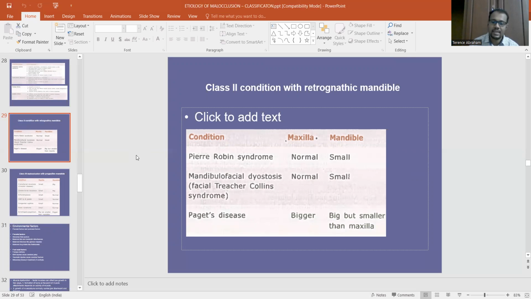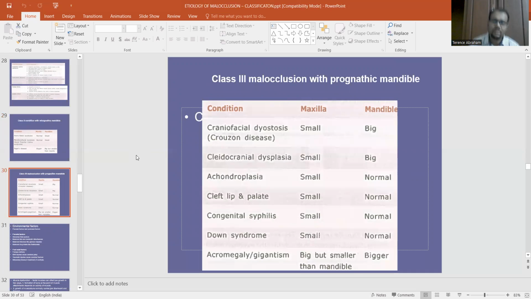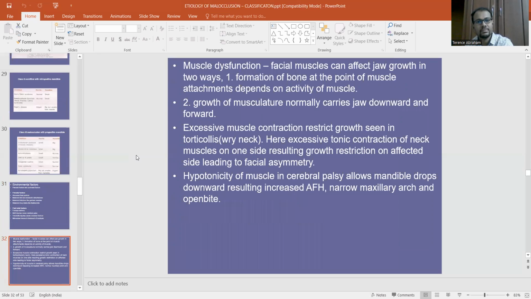Sorry, before was skeletal class 2 and now I am discussing the syndromes associated with skeletal class 3: Crouzon's disease, cleidocranial dysplasia, achondroplasia, cleft lip and palate, congenital syphilis, Down syndrome, acromegaly. All these can cause skeletal class 3 malocclusions in the fetus.